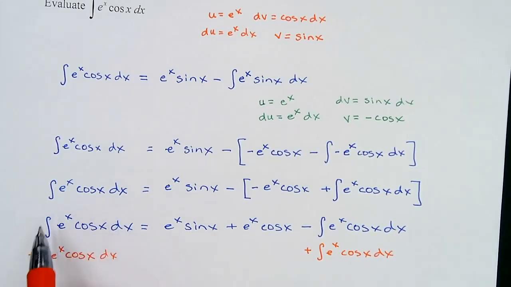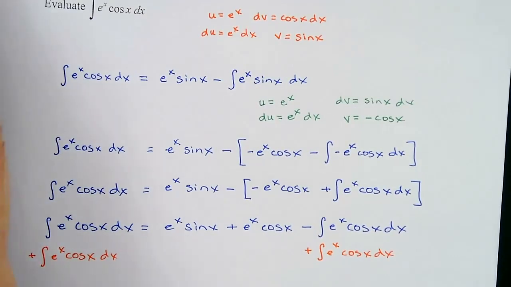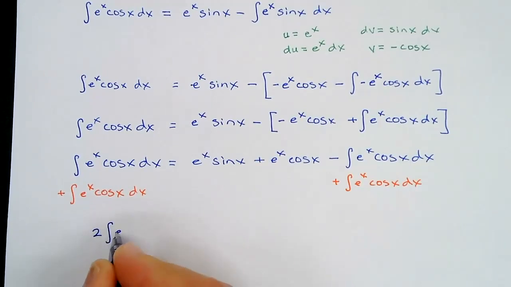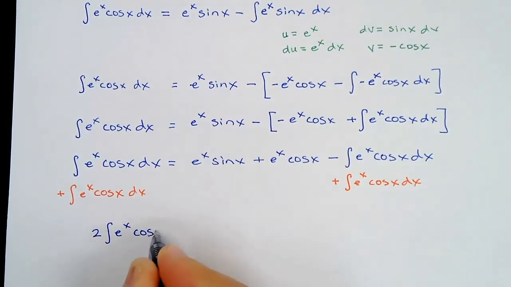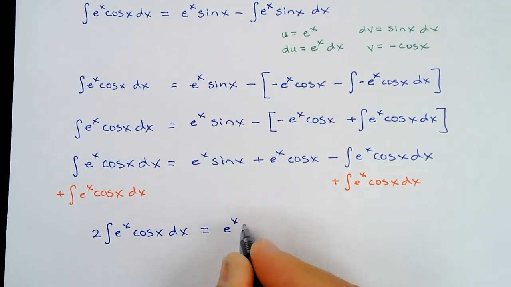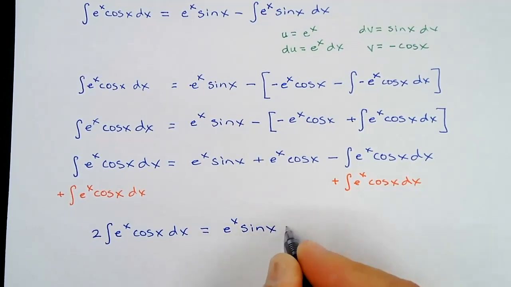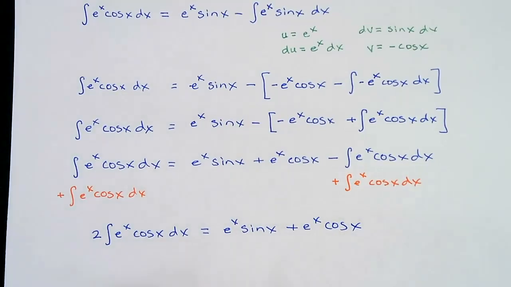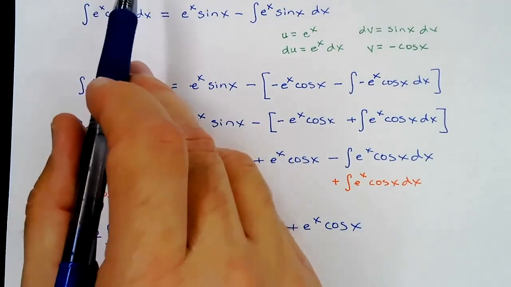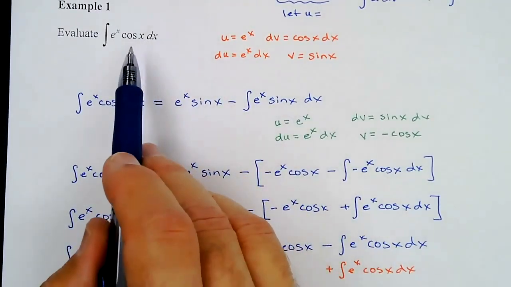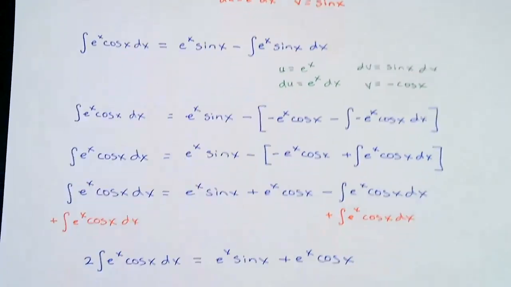That's going to give me on this side 2 times the integral. So that winds up giving us 2 times the integral of e to the x cosine x dx is equal to e to the x sine x plus e to the x cosine of x. And then what we can do to figure out what this integral is, because that's ultimately what we're trying to do, is figure out what this integral is. And remember, the original integral started out this way, so we need to get rid of this 2 too.